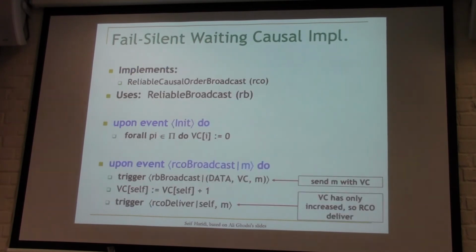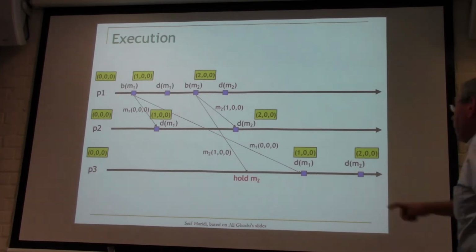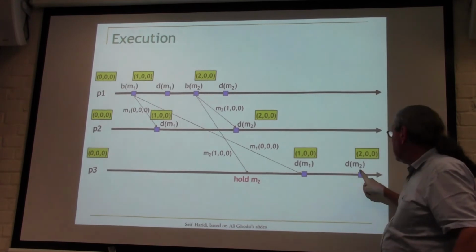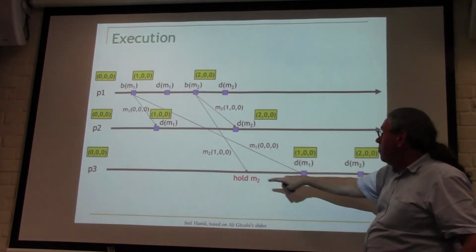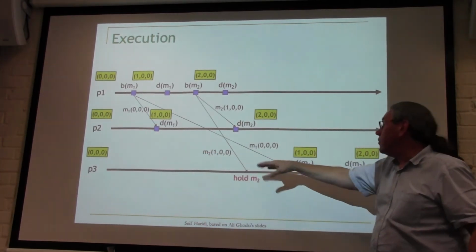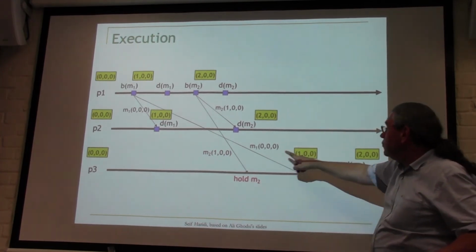If I look at the previous code, the fact that this message arrives will allow this message to be delivered. But there might be more of them. Here I only have one, but I might have a whole pile of them, all waiting to be delivered, but there's a gap. When this one arrives, then M2 can be delivered.